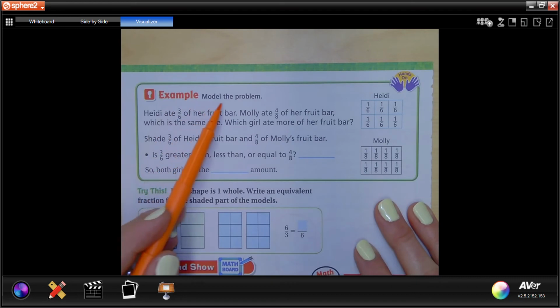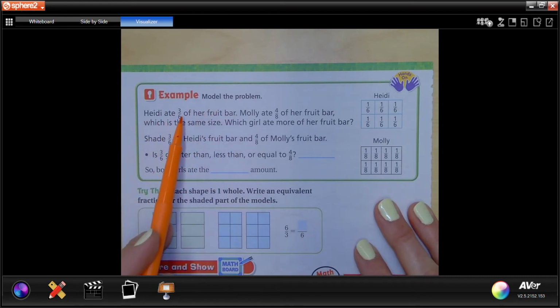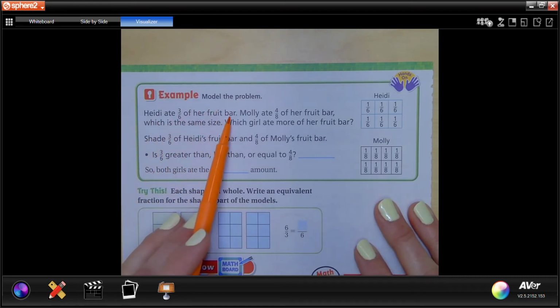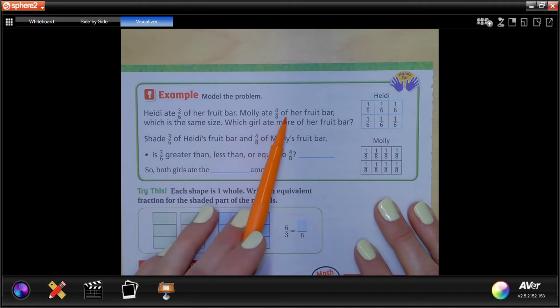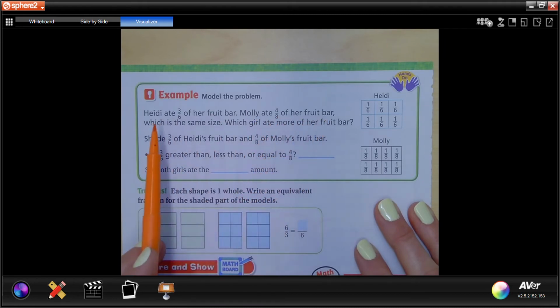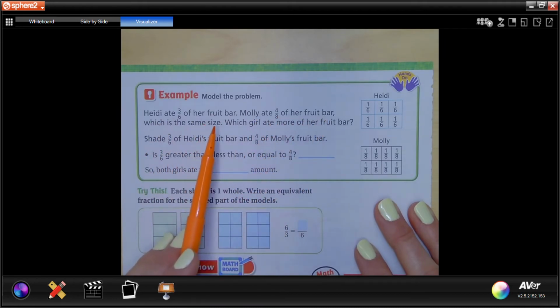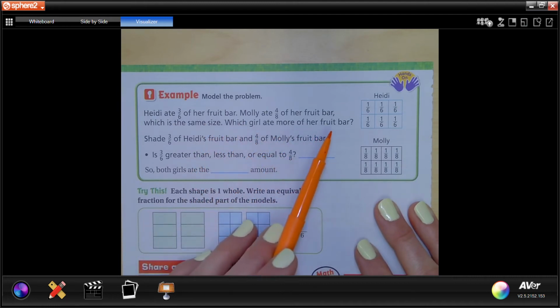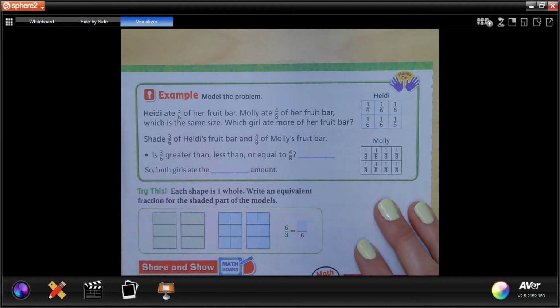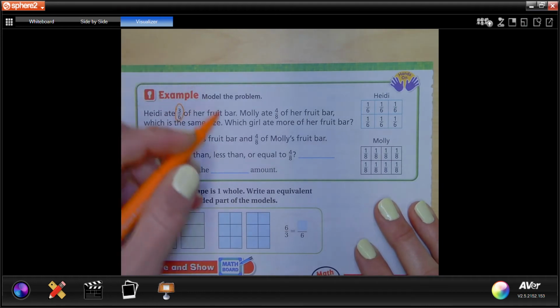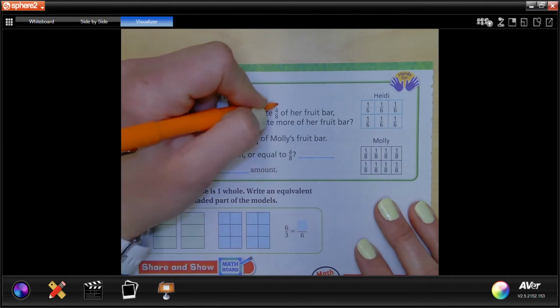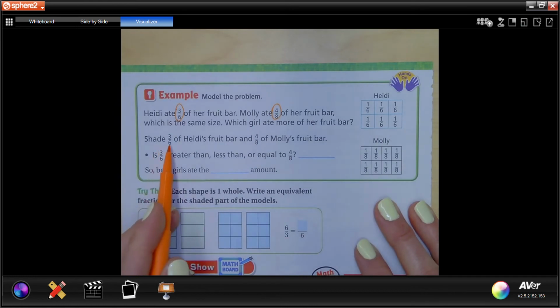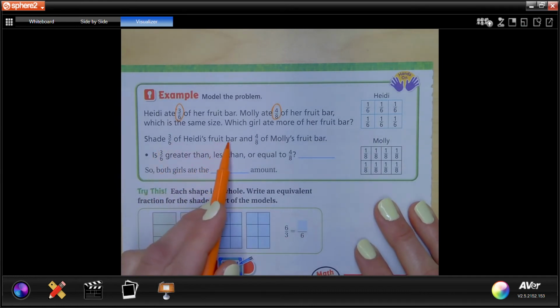Example. Model the problem. Heidi ate 3/6 of her fruit bar. Molly ate 4 eighths of her fruit bar, which is the same size, so they have equal parts. Which girl ate more of her fruit bar? Okay, so Heidi ate 3/6 and Molly ate 4/8. Okay, we're going to shade 3/6 of Heidi's fruit bar.